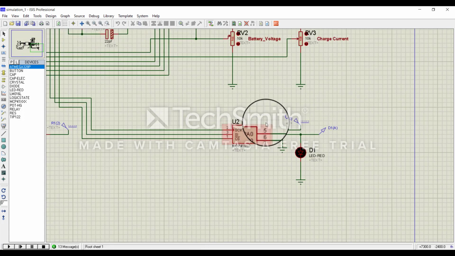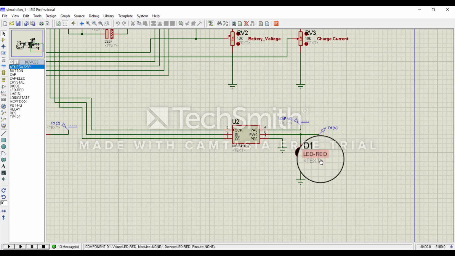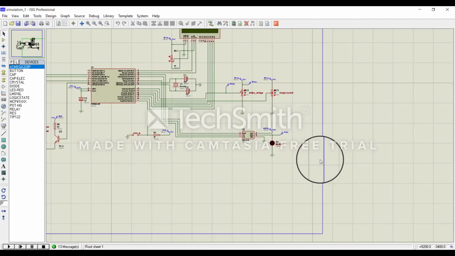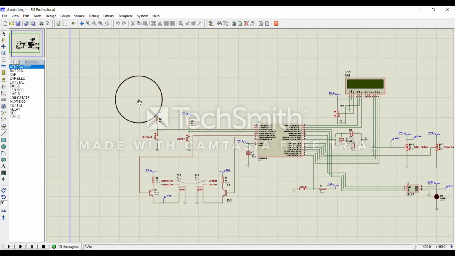This IC will accordingly set its wiper resistance, and accordingly the variable voltage source which we implemented using LM317 will set the output voltage required for charging that particular cell count battery. Then let's run the simulation.